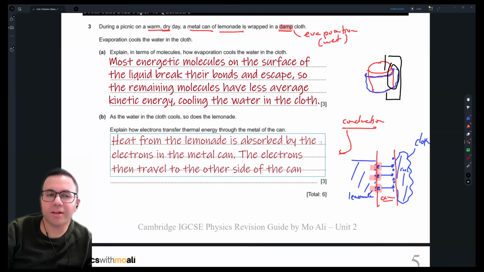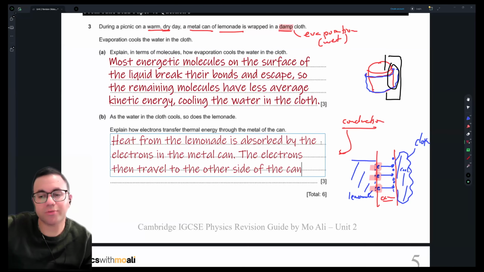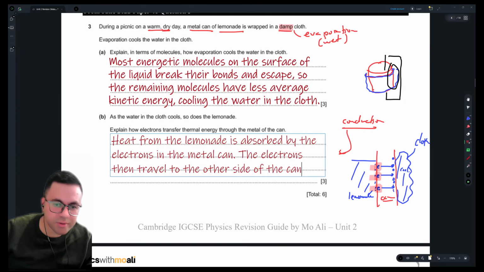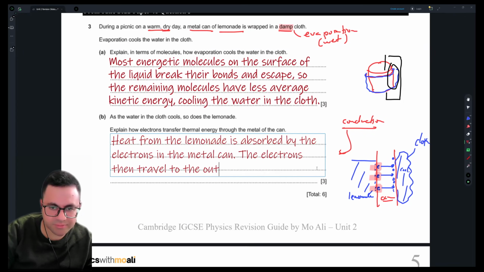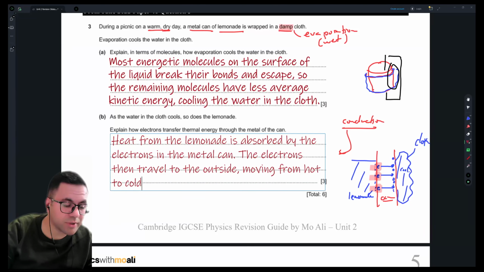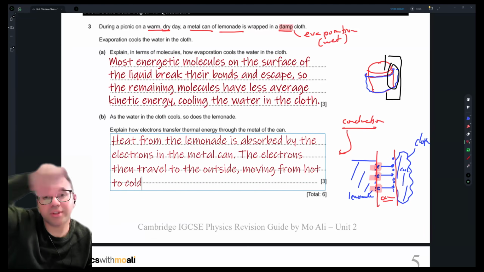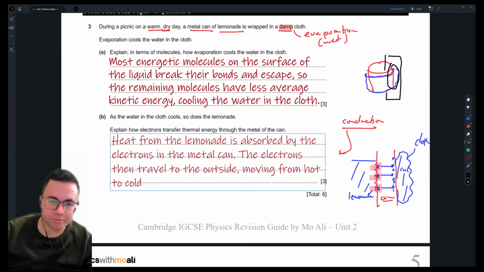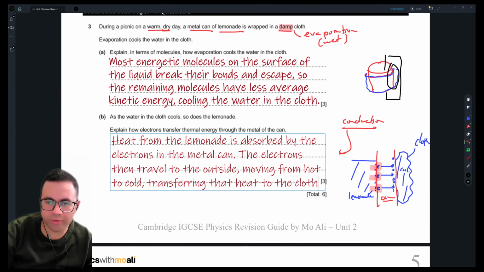Why would the electrons move? Because they move from hot to cold, from high temperature to low temperature. We can say the outside of the can. You can say moving from hot to cold, or through the temperature gradient, or from high temperature to low temperature, transferring that heat to the cloth.